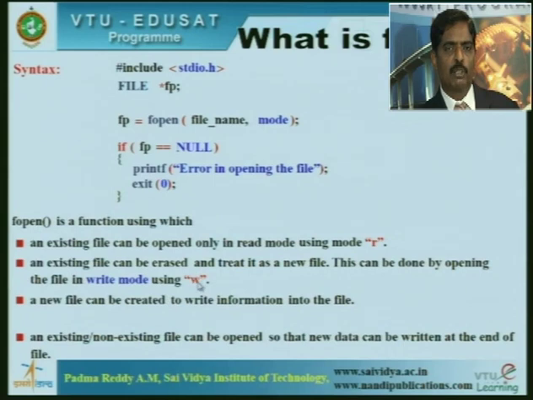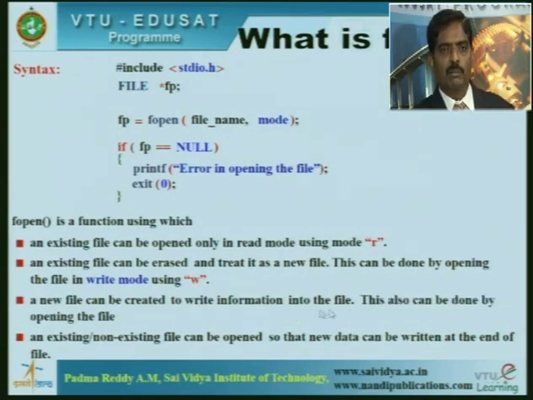That is, you have to write W within the double quotes. In place of this mode, you can write R if you want to open the file in read mode. In place of this mode, you can write W if you want to create a new file, or a new file can be created to write information into the file. So this also can be done by opening the file in write mode using W. An existing or non-existing file can be opened so that new data can be written at the end of the file.